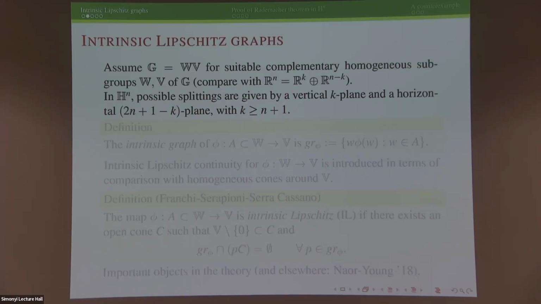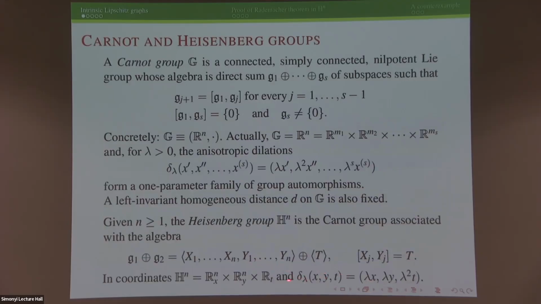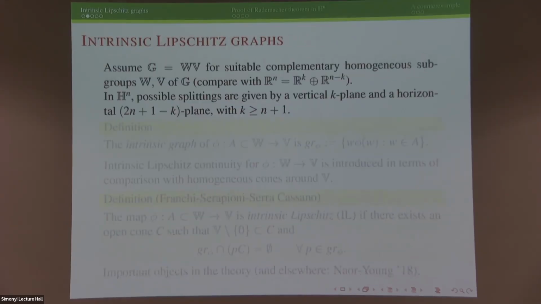And then there is a complementary subgroup, which in coordinates looks like a plane of codimension k in R^(2n+1), which is horizontal. Horizontal means it's contained in this R^2n, the first 2n coordinates. In particular, when this happens, the horizontal subgroup in the splitting is always abelian, and actually it's isometrically isomorphic to R^(n+1-k).